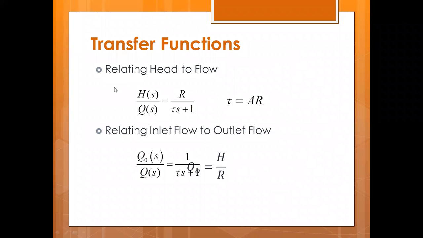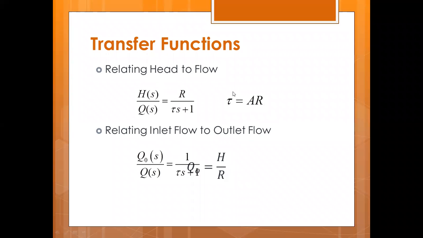Now, this is the transfer function for liquid level systems. If we want to relate the head to the changes in the flow, head is the level of the liquid inside the tank for a single tank system. You have this one as the transfer function.